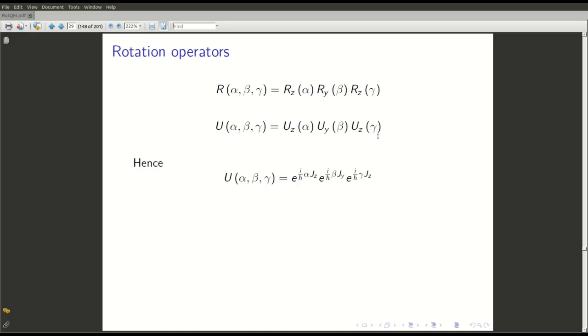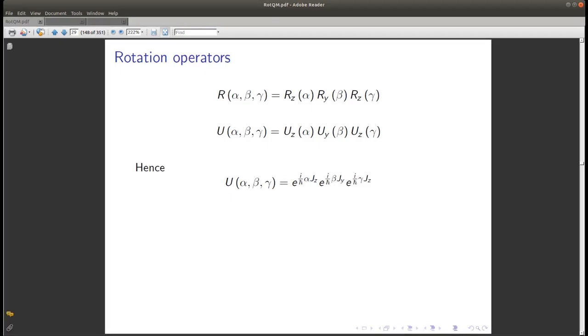And finally, we are in a position to write down the matrix elements that we were looking for. All we have to do is sandwich this product in between the bra j m prime and the ket jm, and that will give us d j m prime m corresponding to the rotation given by the Euler angles alpha, beta and gamma.